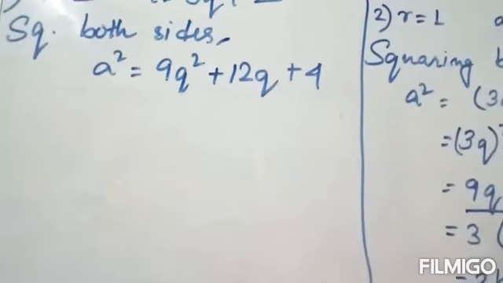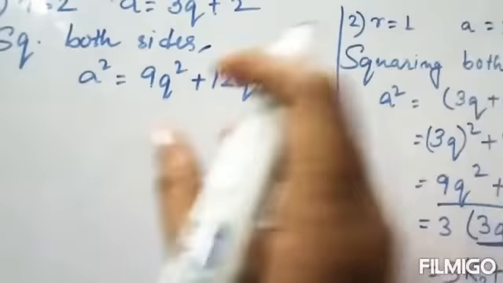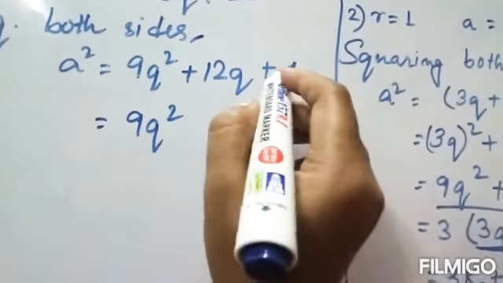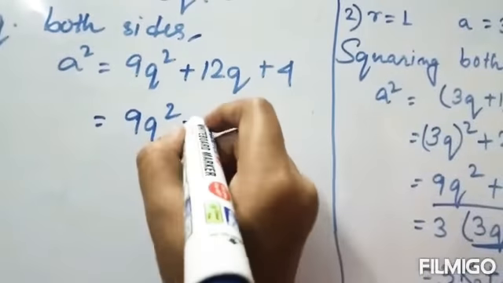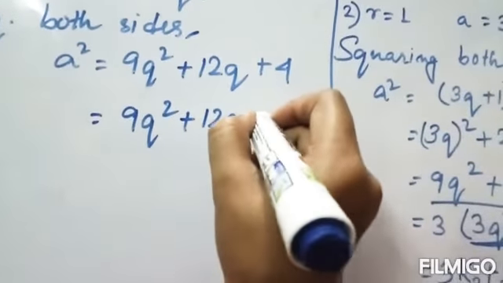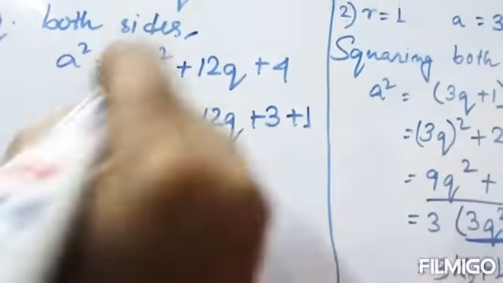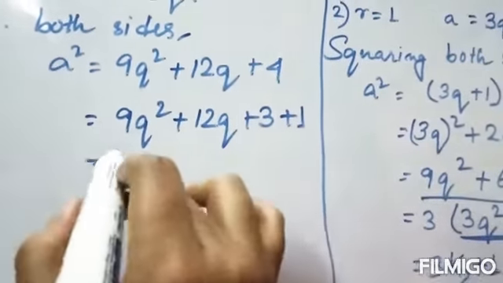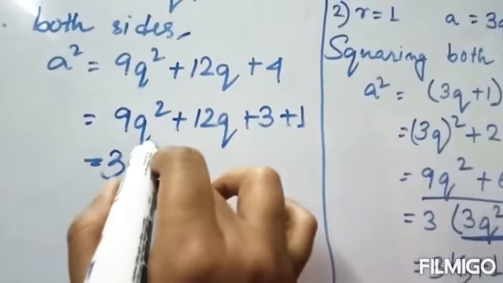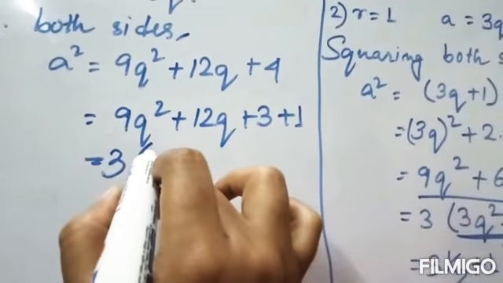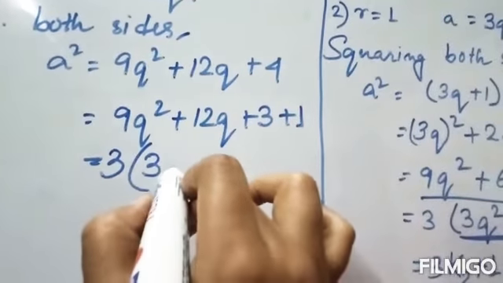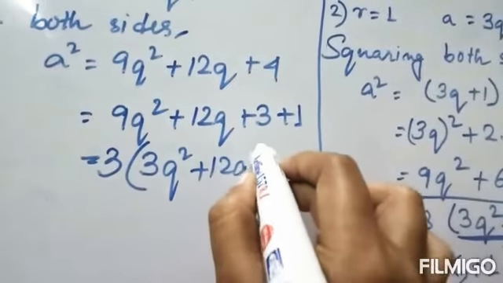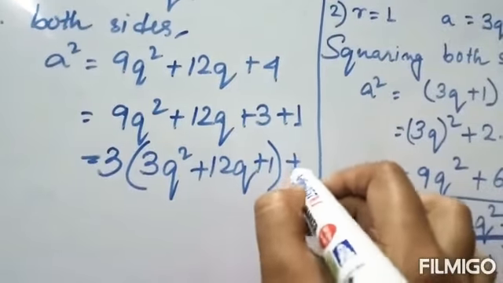Now we can break this one as 9q square plus 12q plus 3 plus 1, because we need to take 3 common. So if we take 3 common, what remains? 3q square plus 12q plus 1, plus 1.